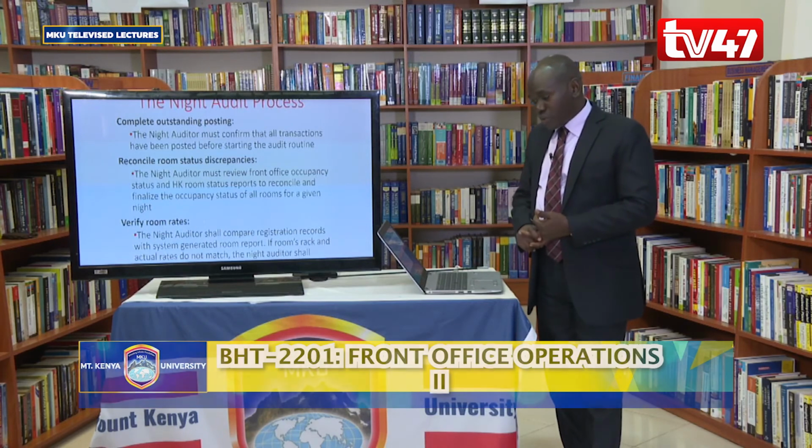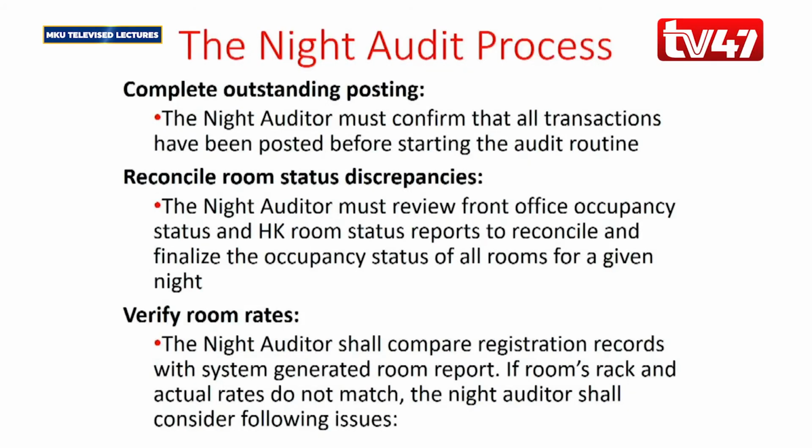After they are done with that, they verify the room rates. In this case, the night auditor will compare the registration records with the system-generated room reports. What we mean by this is that they'll look at the room rack rate for that particular day against what was actually posted into the system for the guests and the non-guest accounts.